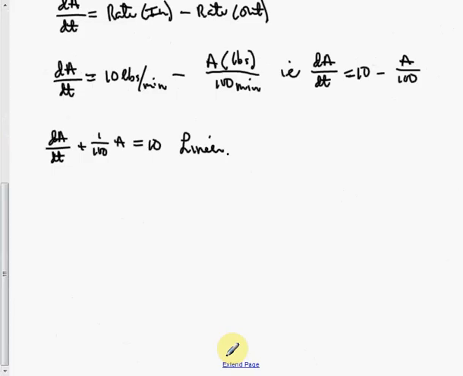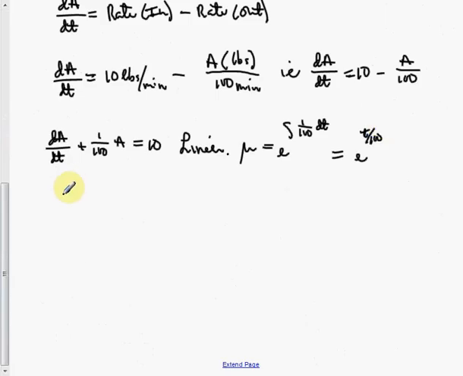So since it's linear, then we need the integrating factor, right? We call that mu, which is equal to e to the integral of this 1 over 100. Here, this is with respect to t, so 1 over 100 dt. So I get e to the t all over 100.